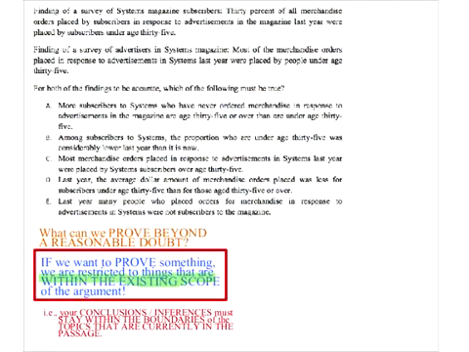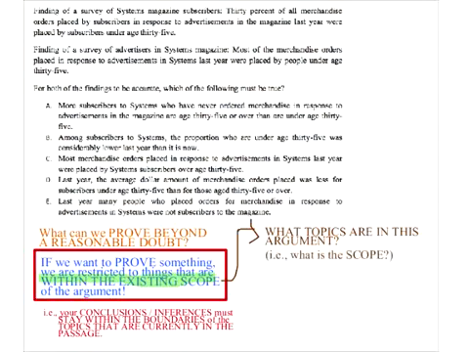But let's look at what topics are even in this argument in the first place. So in other words, what's the scope of the argument?